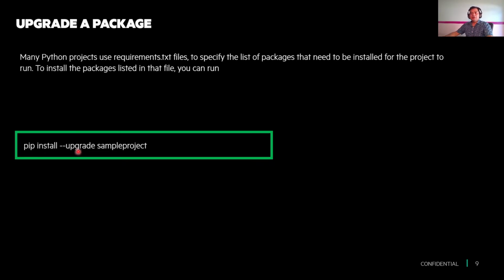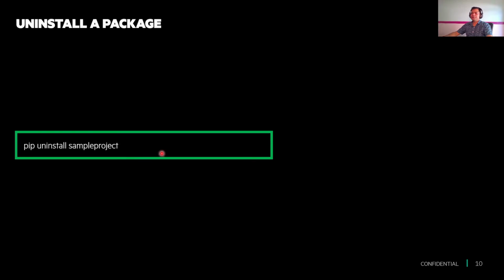What if we want to upgrade one of the packages? By just typing --upgrade, we'll be able to upgrade the existing package. And maybe some package is not required anymore. By just typing the uninstall command, we'll be able to uninstall the package.